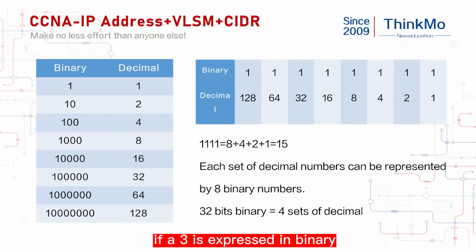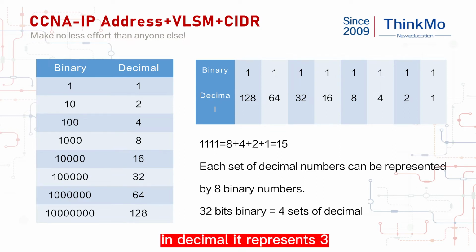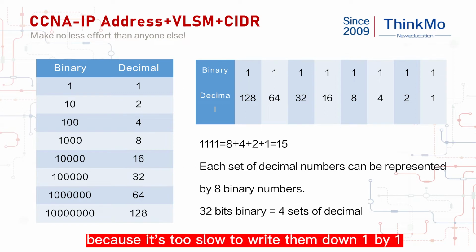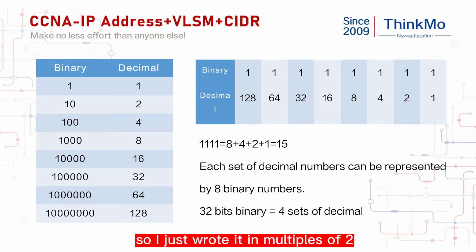If 3 is expressed in binary, the last bit is 0 plus 1, so it's 11. In decimal it represents 3. Because it's too slow to write them down one by one, I just write them in multiples of 2. If 4 is expressed in binary, because 11 represents 3, going one step further, 4 is 100.